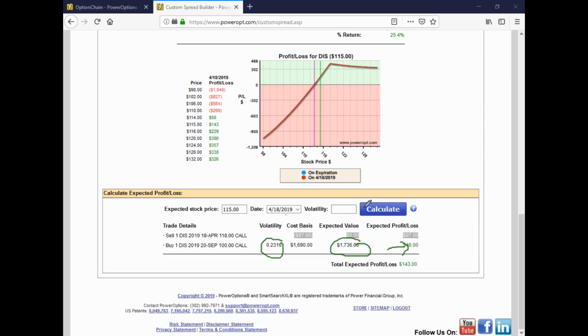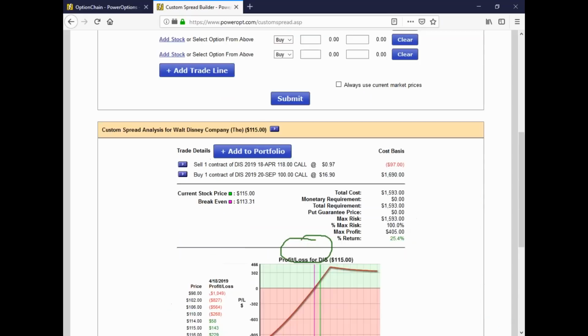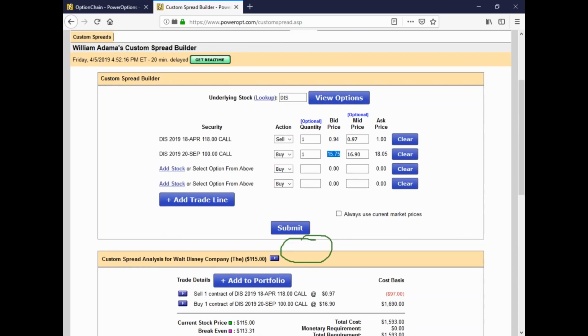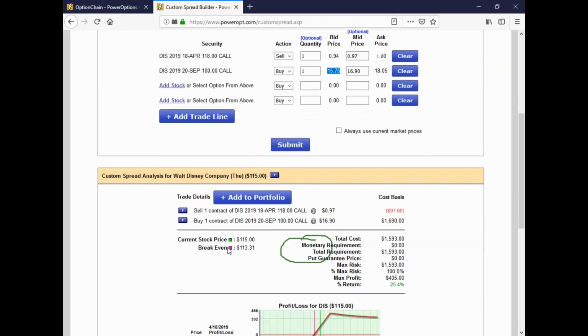So it's likely because of that wide bid-ask spread. Maybe I would be paying closer to 18 and we'd be closer to 15, the bid price, in 13 days.